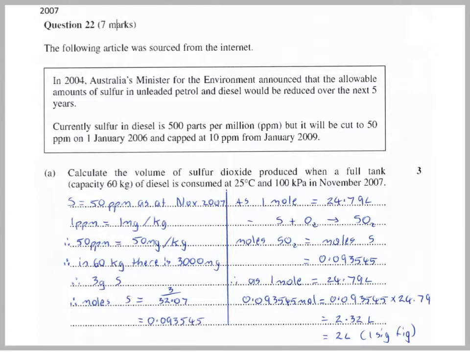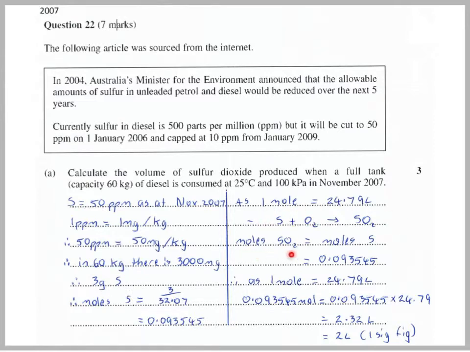Okay, so then we can work out the moles of sulfur. We just do mass over molar mass, so we get that number of moles there. We also know that 1 mole is 24.79 litres, again because we've got 25 degrees and 100 kilopascals. We've got our equation here, sulfur plus oxygen going to give sulfur dioxide, so it's all just 1 to 1.